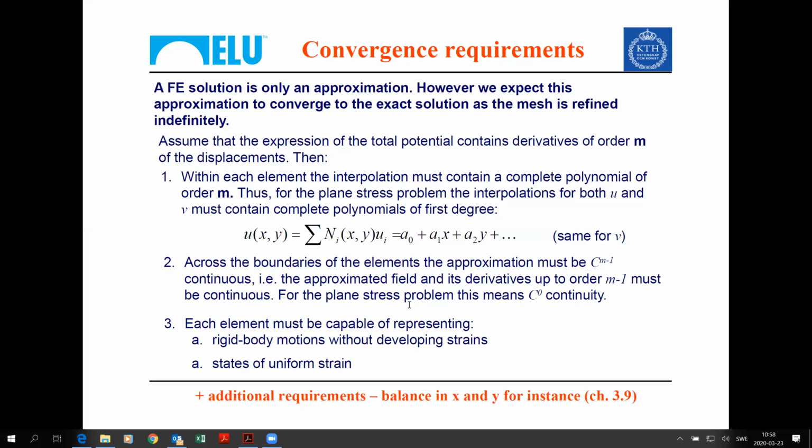So for the plane stress problem, which contains derivatives of first order, the problem has to be C^(m-1), that is C0 continuous. So we need C0 continuity for the plane stress problem.